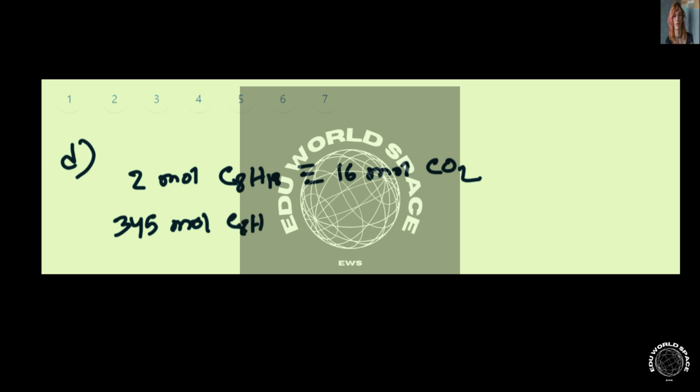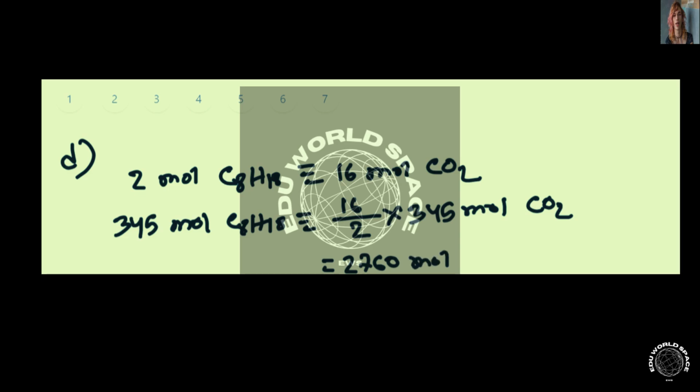That means 345 mole octane will produce 16 over 2 times 345 mole CO2, which will give us 2760 mole CO2.